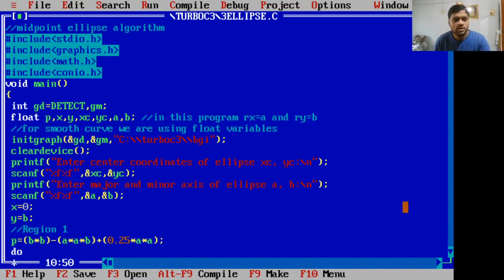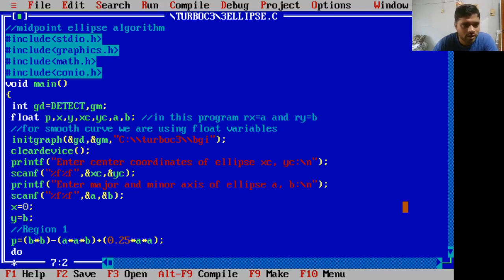Here we see the algorithm that is programmed in C graphics for the midpoint ellipse. As you can see, I have included stdio.h, graphics.h, math.h and conio.h.